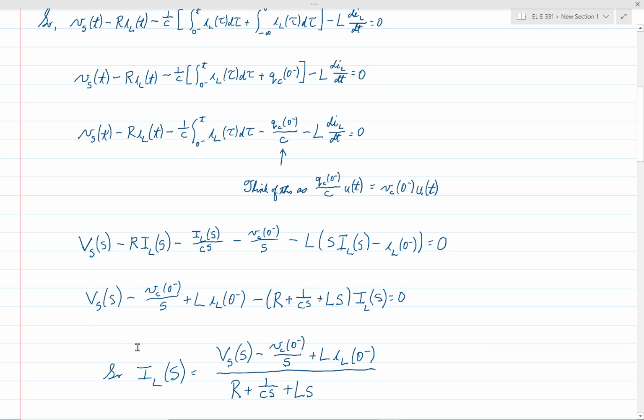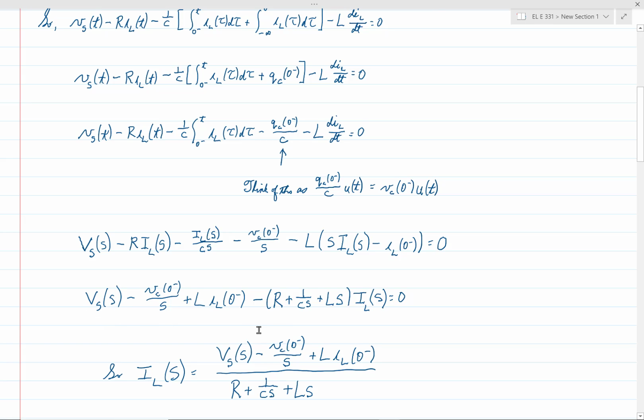Okay, having observed that, we can go to the next line, where I have simply gathered together all of the terms multiplying the Laplace transform of IL. By doing that, I have also gathered together the two initial condition terms. And notice that they sort of naturally fall in with the source as well.